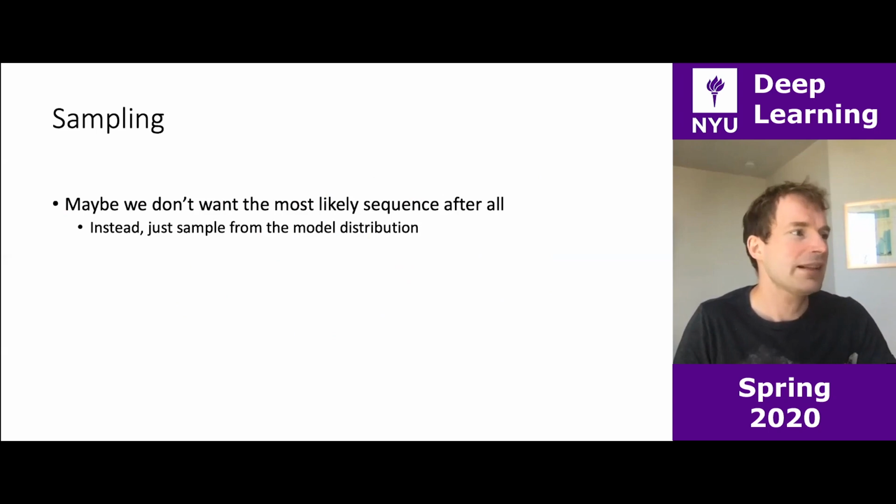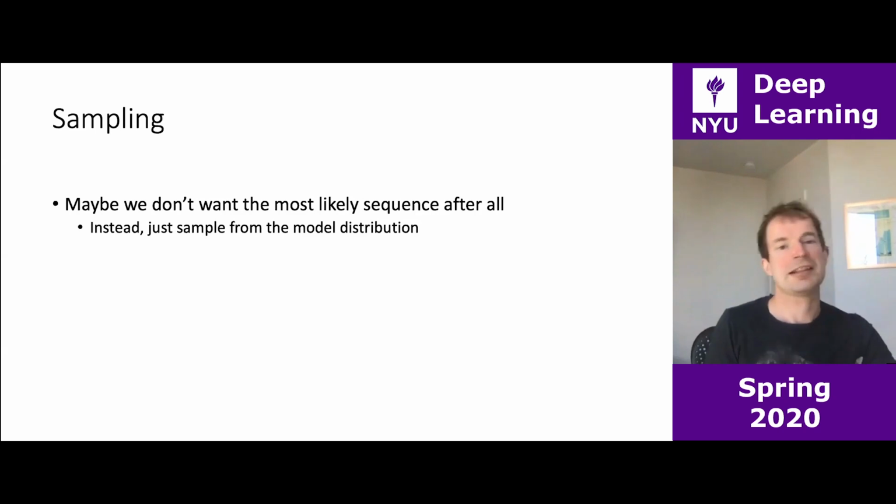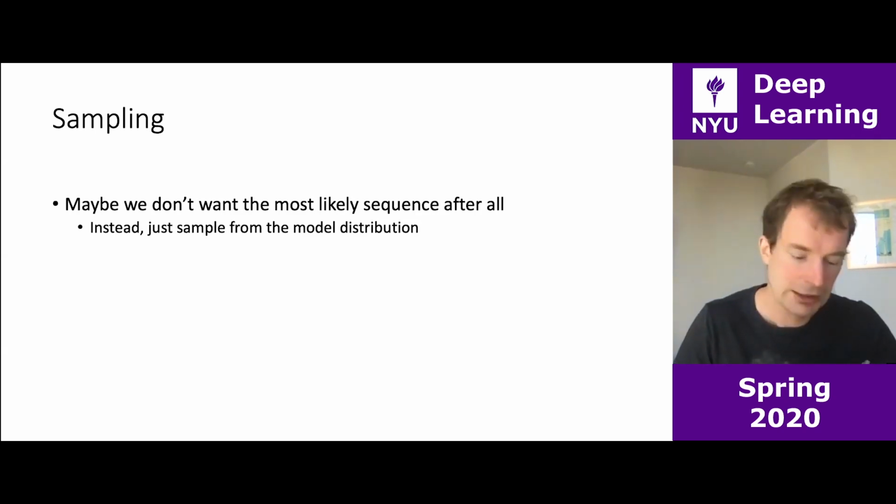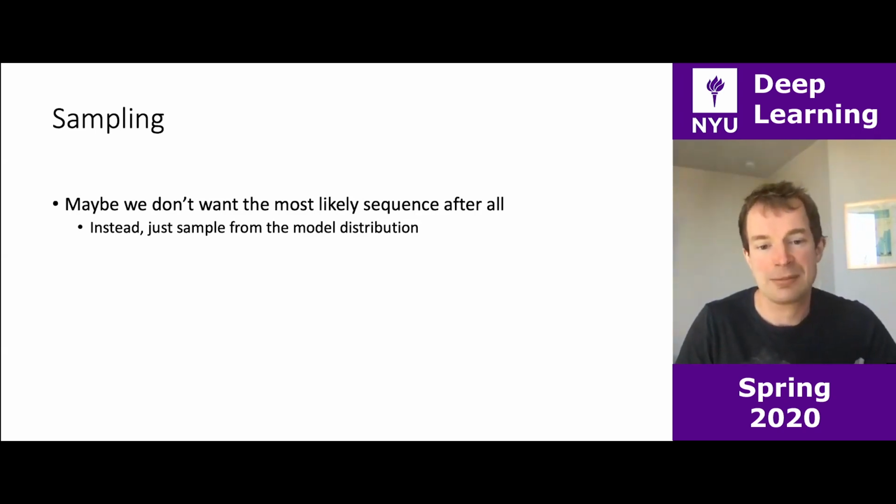But there's also a slightly different problem, which is that in some cases we don't actually want the most likely sequence after all. Maybe what we want is something interesting. You see this problem a lot in things like dialogue response generation. You try to build a model to hold a conversation with someone.